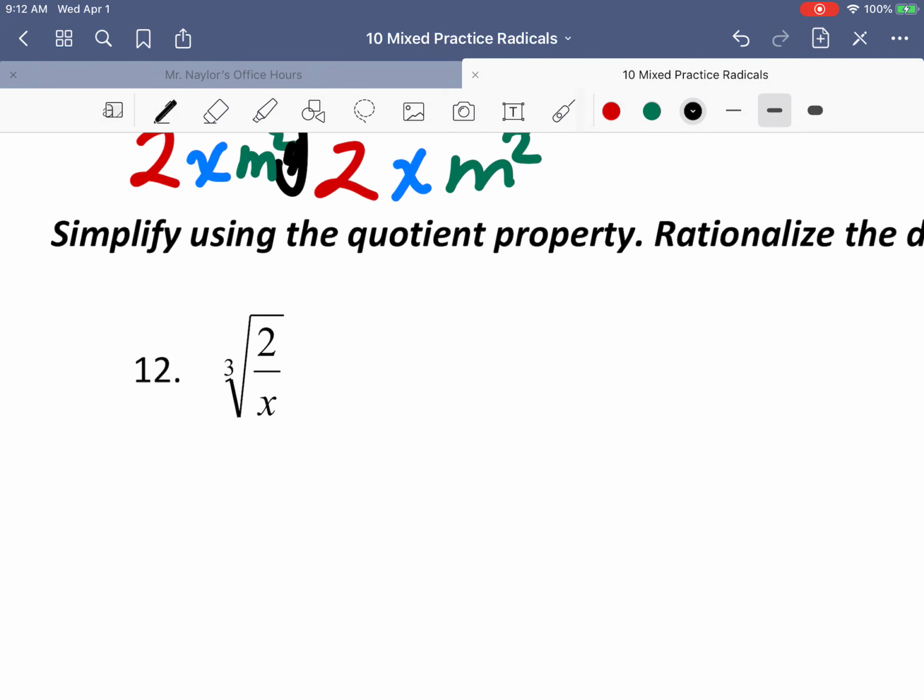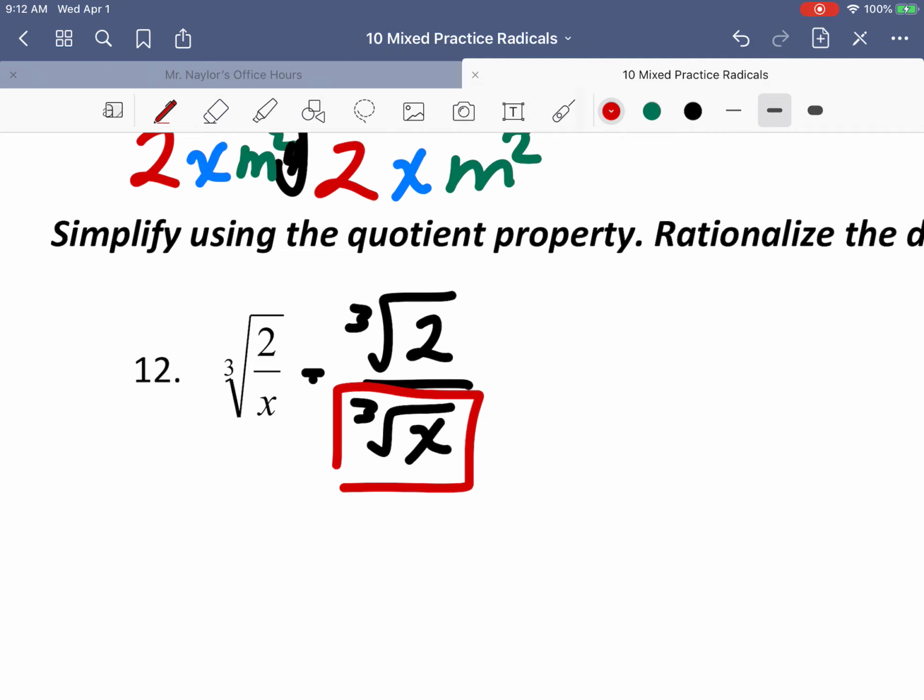Finally, we have everybody's favorite, the quotient rule. Now, the quotient rule says that I can split this into a numerator and denominator. Of course, when I split into a numerator and denominator, I create the ever famous square root, or in this case, cube root in the denominator. You can't have a radical in a denominator, so you're going to have to multiply the top and bottom by some more denominator.